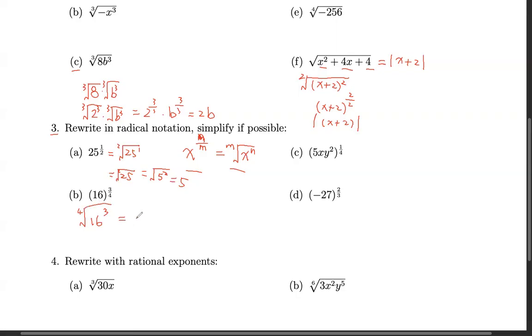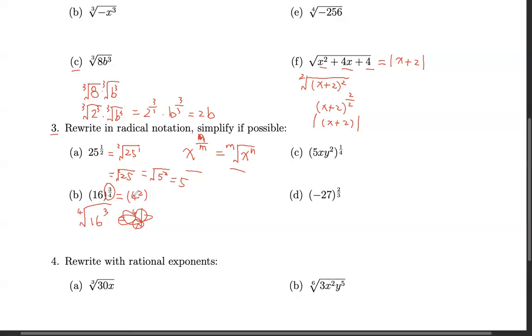16 itself can be written differently if we want to simplify. But we don't really want to go through this route. When we try to simplify or multiply in the future, performing any operations, we prefer rational exponents. In this case you can simplify, because 16 is 4 squared.